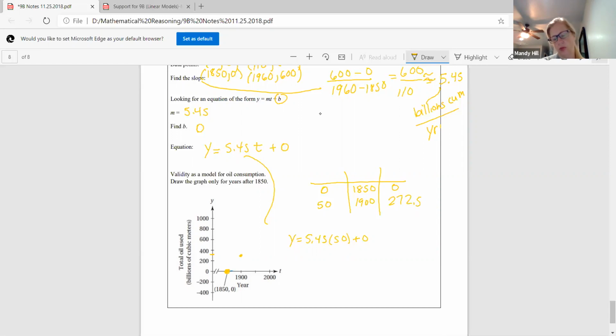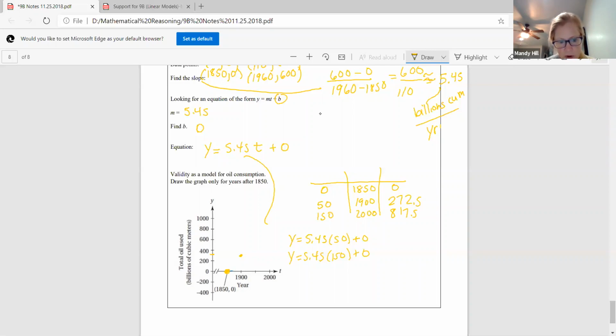Into the year 2000, there would be 150 years have gone by, so we would plug in 150 there. 5.45 times 150 plus 0 is going to be 817.5 billions of cubic meters.